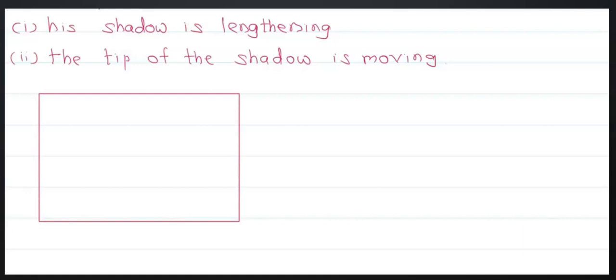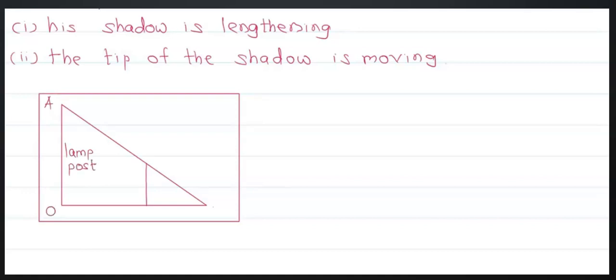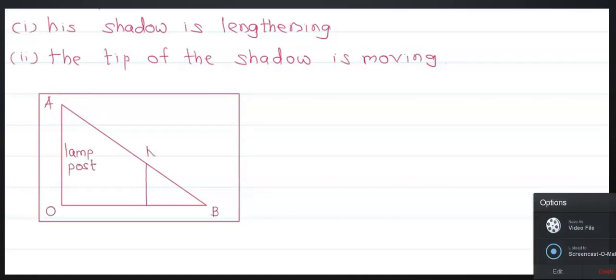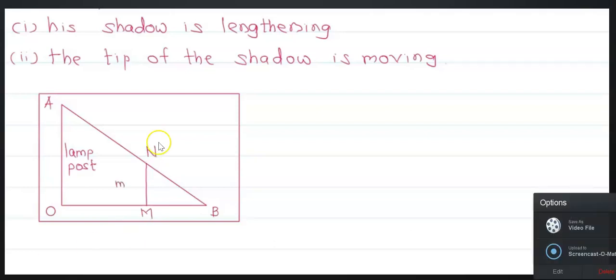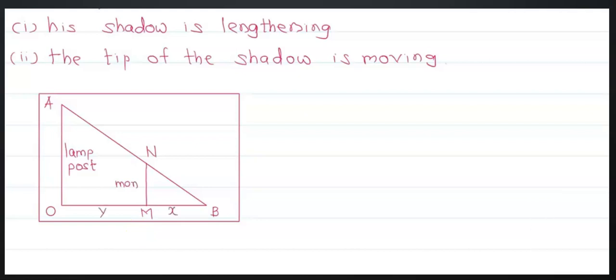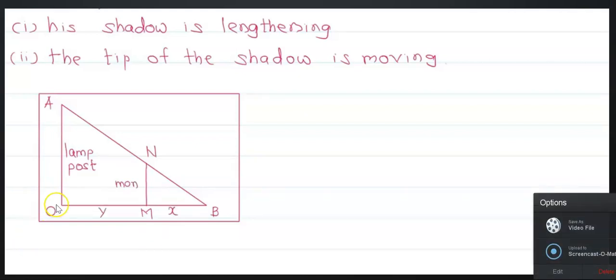Now see this first. That is AOB. This is the triangle. This is the lamp post. AO is the lamp post. MN is the man. Now see this. Y is the distance, that is OM is the distance of that man from the lamp post.